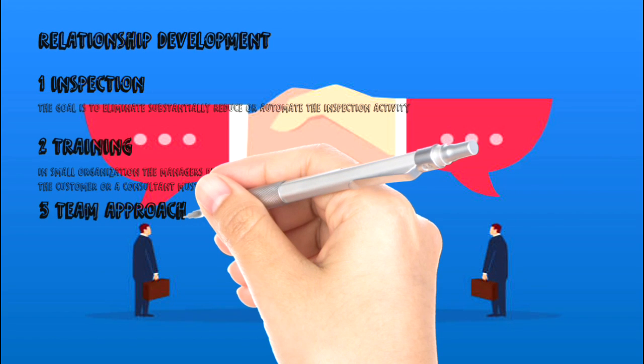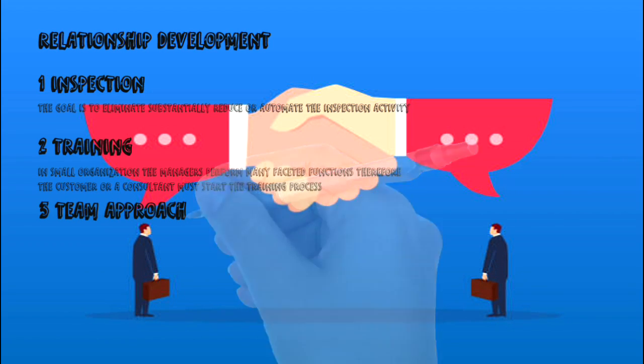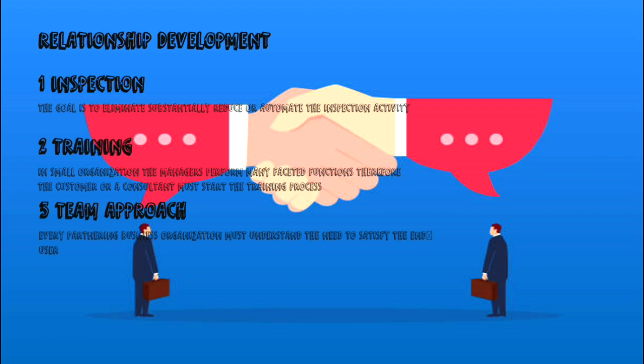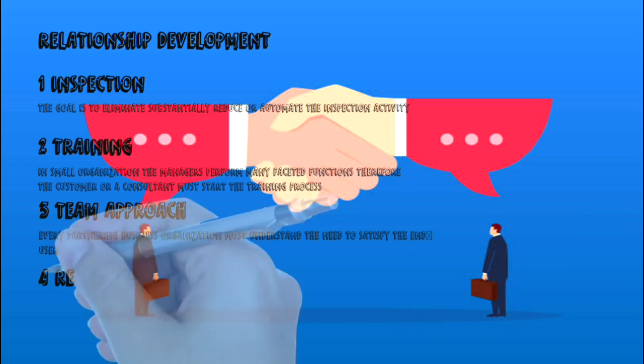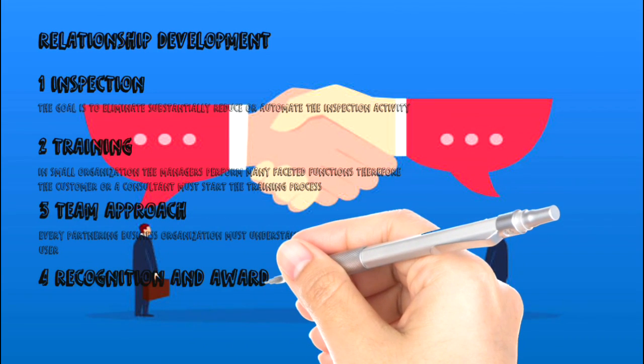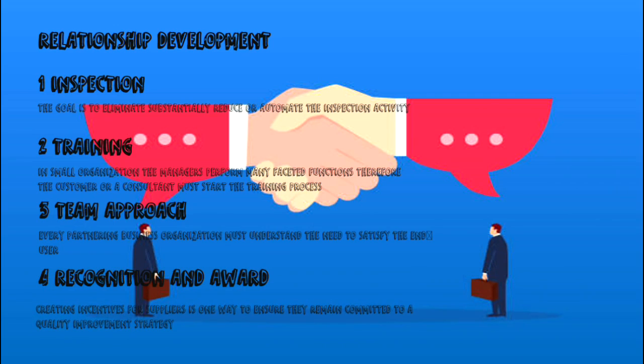Number 3 is team approach. Customer or supplier teams are organized in a number of areas, such as product design, process design, and the quality system. Number 4 is recognition and award. Creating incentives for suppliers is one way to ensure they remain committed to the quality improvement strategy.